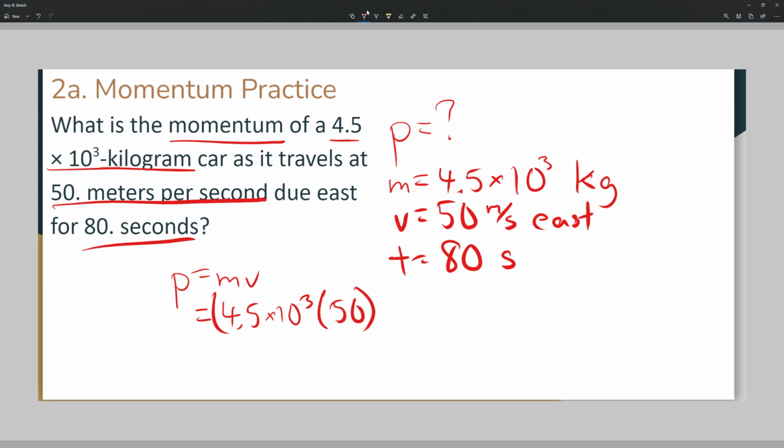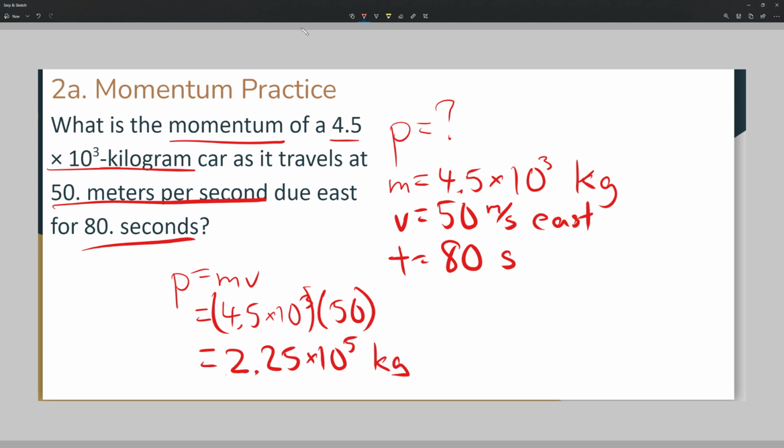You multiply these two. 50 times 4.5 is 225, so it's 22.5 times 10 to the 4.